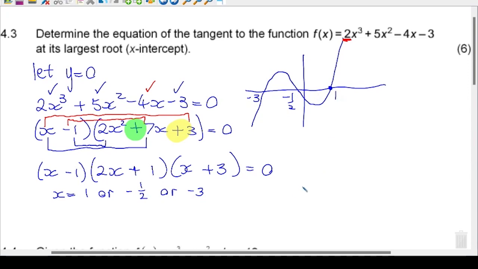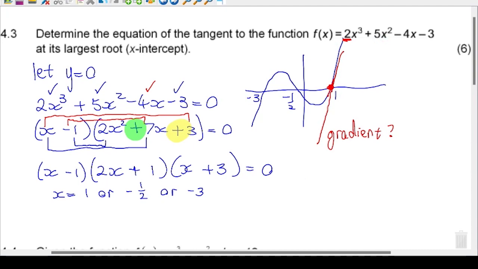So what the question is actually asking us for now is the equation of the tangent to that graph when x equals 1. What we obviously know is the y value of that point is 0, so we know that that point is (1, 0). What we don't know yet is the gradient. How do we find a gradient? We differentiate.